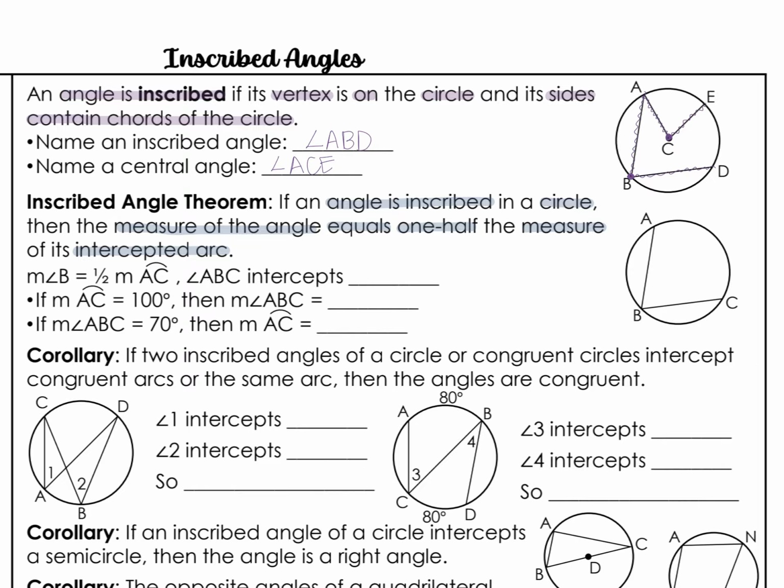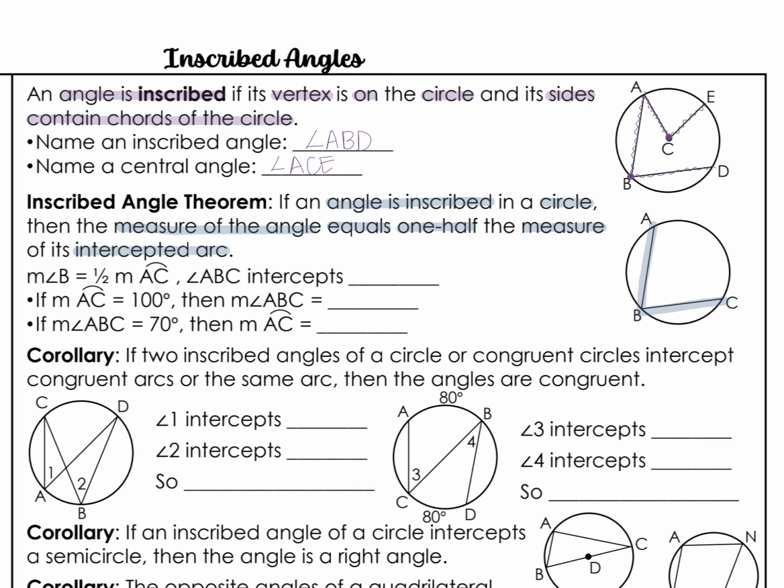All right, so here we have the measure of angle B. To clarify, angle B here is an inscribed angle, because its vertex is on the circle, right there where B is. That angle is going to be equal to 1/2 the measure of our arc AC.